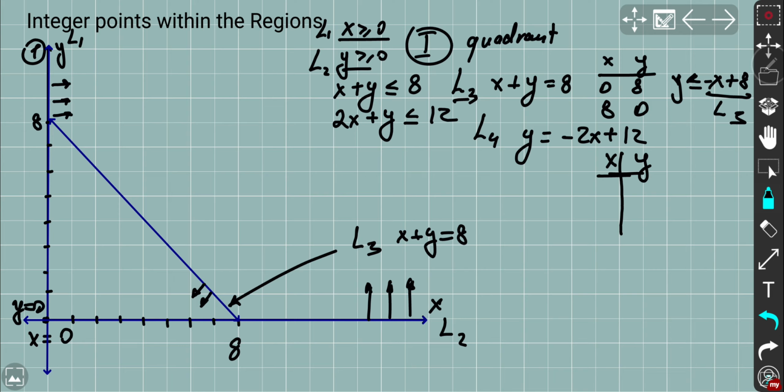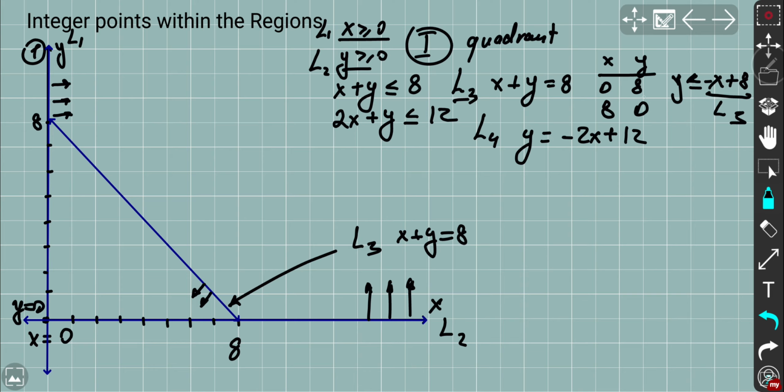But here is the trick of what I'm going to do right now, because I'm sure that line 4 will intersect with line 3. I'm going to define the point of intersection between them. So actually what I'm going to do is equate line 4 and line 3.